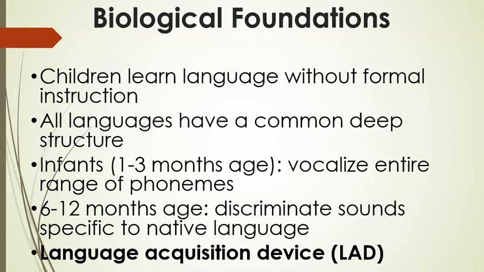So if they're learning English, they're only going to start to produce those phonemes that they hear in English. Now, of course, an infant in, say, China will produce different phonemes because they're only going to produce the phonemes that they hear in their native language, whether that's Mandarin or a different dialect or language that they speak in their native home.